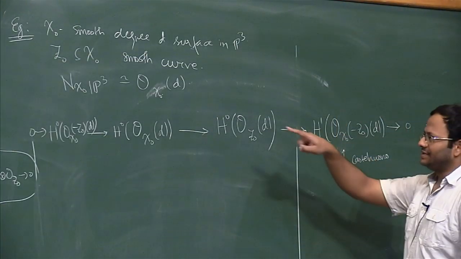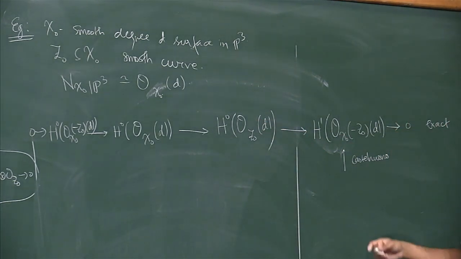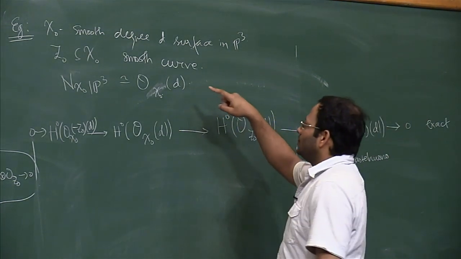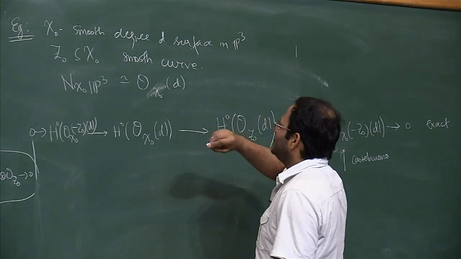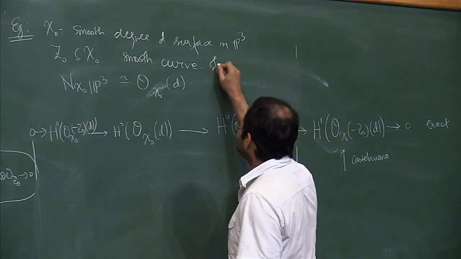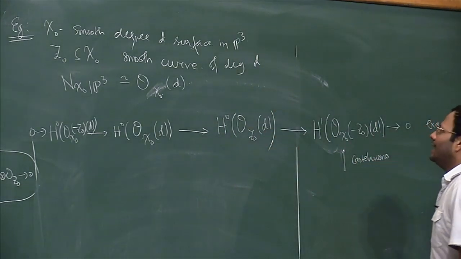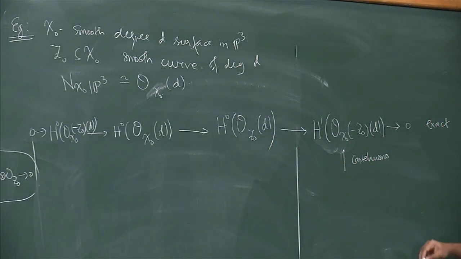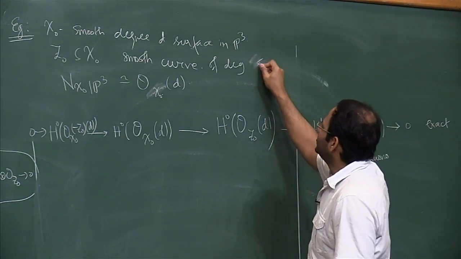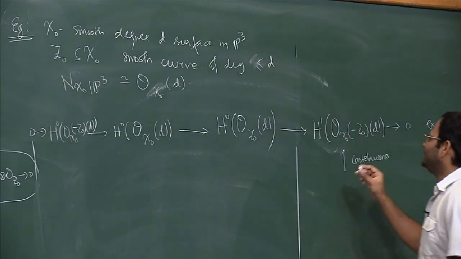Here I have to say that this smooth curve is of degree, for this I just need D. So, if this is of degree less than or equal to D, this thing will vanish.